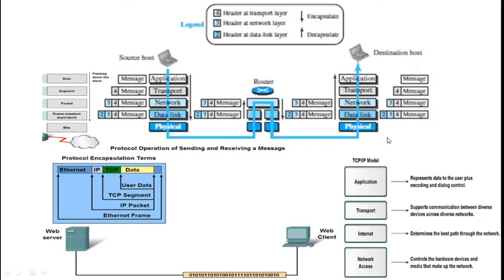It goes on until it reaches the proper destination host, and there it is decapsulated until it becomes the message to the destination. So this is how data is transferred from source to destination in TCP/IP.